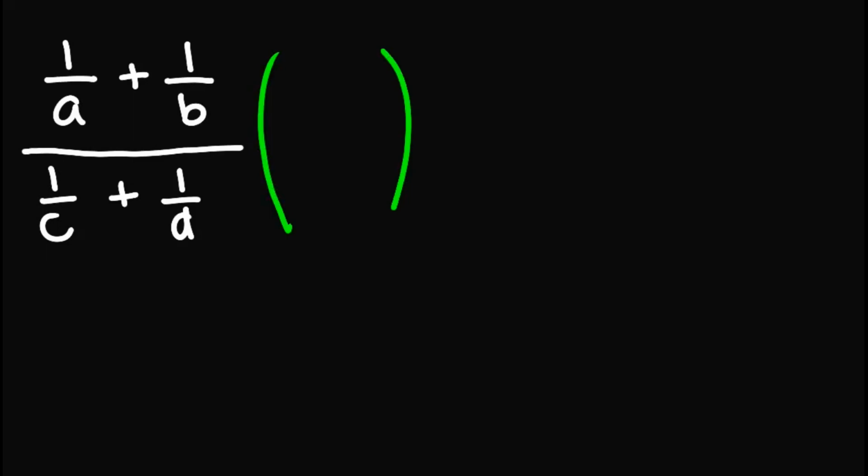Note that since a, b, c, and d don't have any common factors, their LCM is simply a times b times c times d. So that is what we'll multiply out here, a times b times c times d over a times b times c times d.